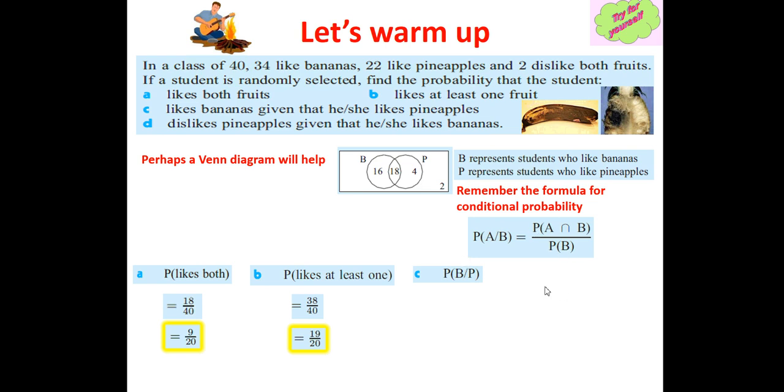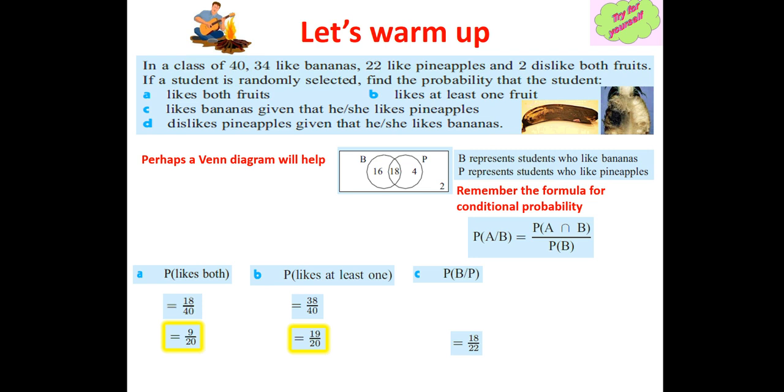So what's 18 over 40 divided by 22 over 40? 18 over 40 divided by 22 over 40 is the same thing as 18 over 40 times 40 over 22. And 18 over 40 times 40 over 22, you can cancel down the 40s and you get 18 over 22.